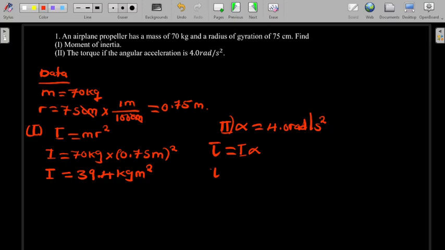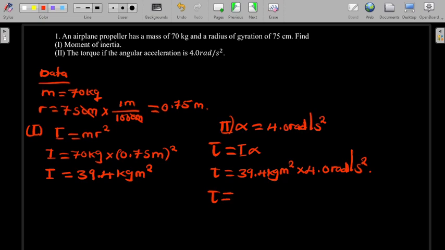So torque here will be equal to the moment of inertia that we found in part 1, which is 39.4 kg meter squared, multiplied by the angular acceleration, which is 4.0 rad per second squared.